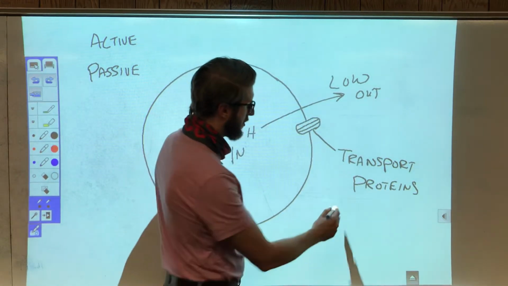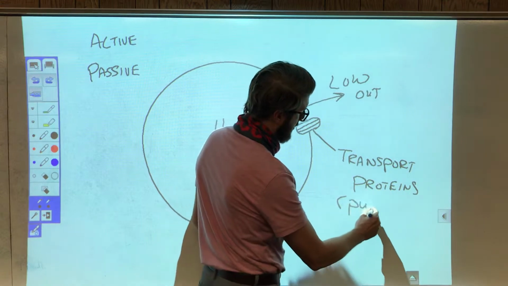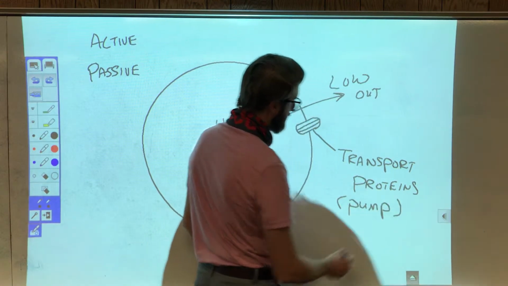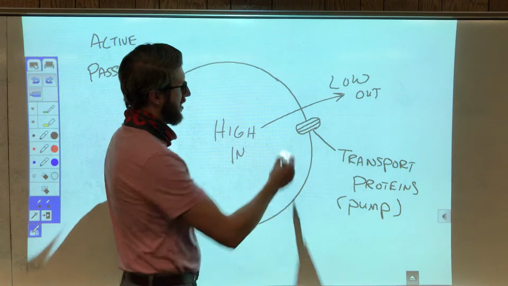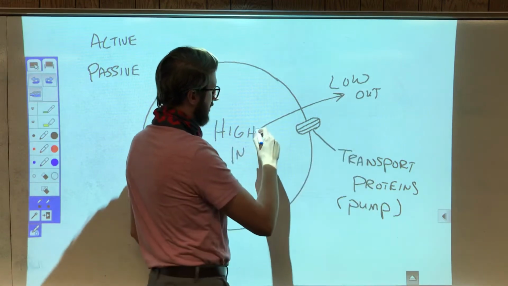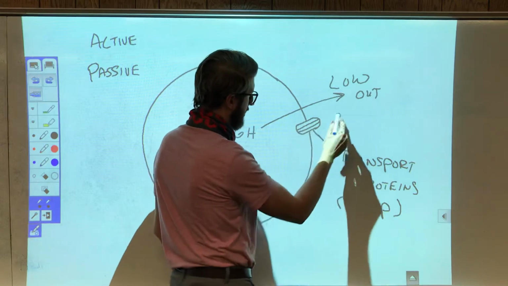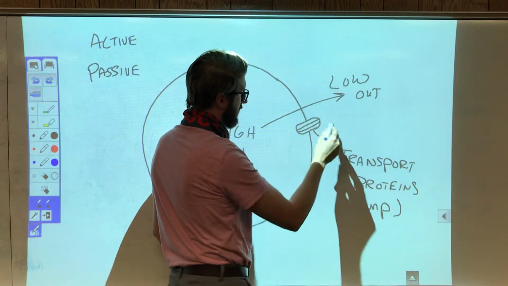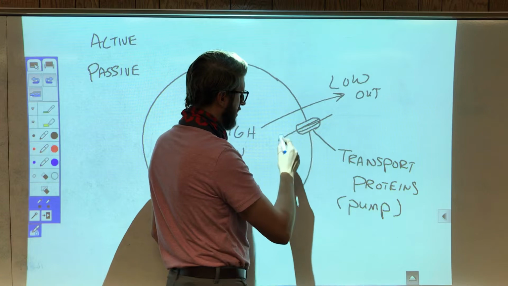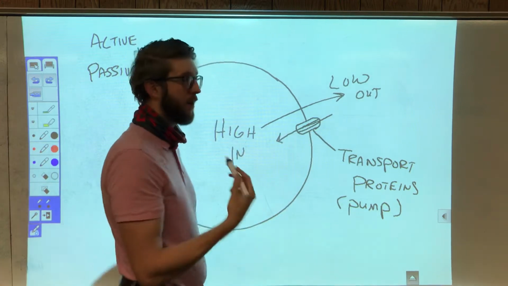So these transport proteins, another name for them is pump. So once again, the concentration gradient is going from in to out. But let's say we want to push something against that gradient and go out to in. Well, that pump would be the one to do it, but it requires energy.